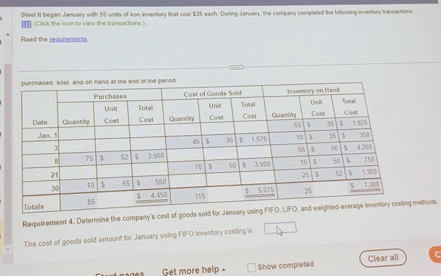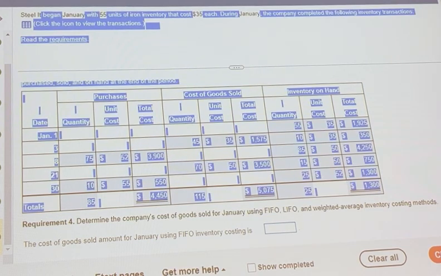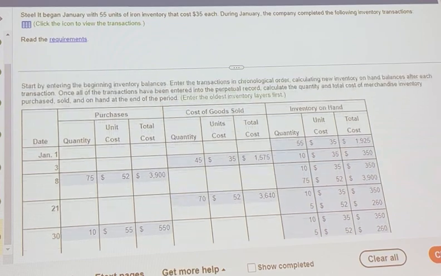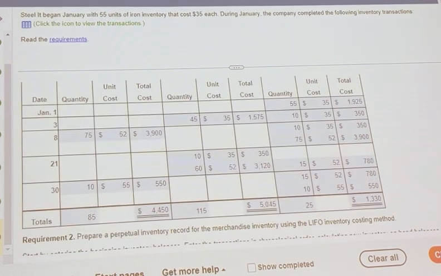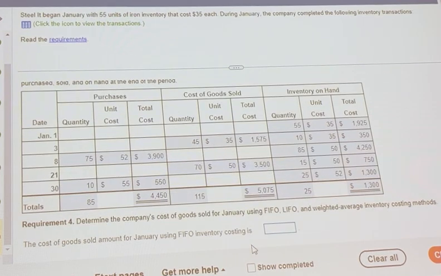Okay, then, like on the previous problem, they want us to compute the cost of goods sold amount. Well, this is easy. Cost of goods sold, we computed up above. For FIFO, it was 5045.